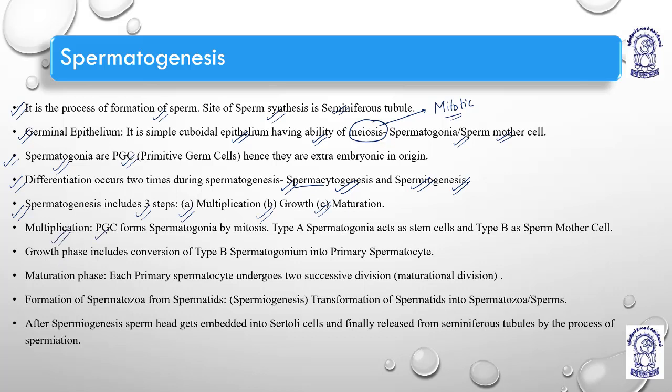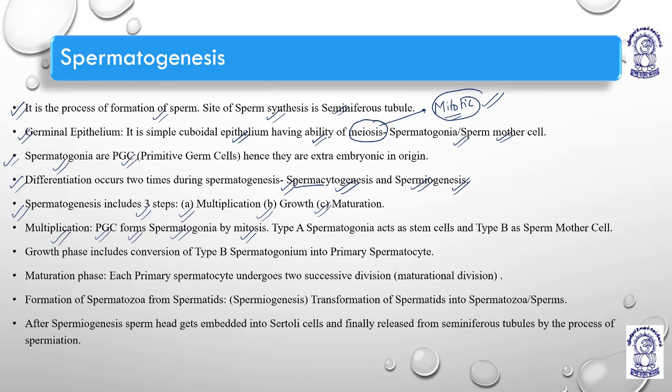What is multiplication? The primitive or primordial germinal cells form spermatogonia by the process of mitosis. That's why I have written mitosis here, right? So in the multiplication process, the primordial germinal cells form spermatogonia by mitosis.